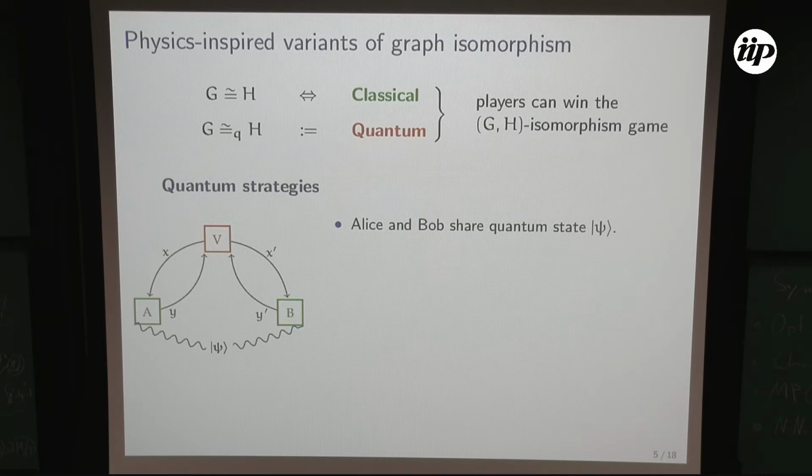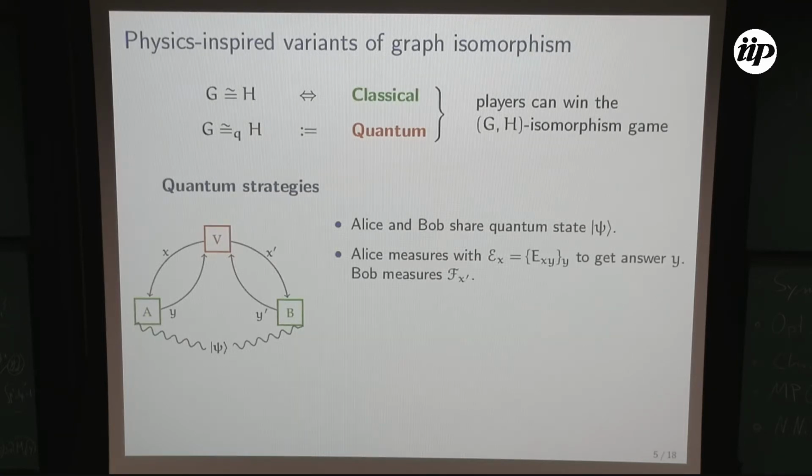When Alice gets her vertex X, she can decide what quantum measurement to perform on her part of the state, and she will try to use the outcome of the measurement to help her come up with an answer. And we assume that the measurement outcomes are labeled by the vertices of the two graphs.